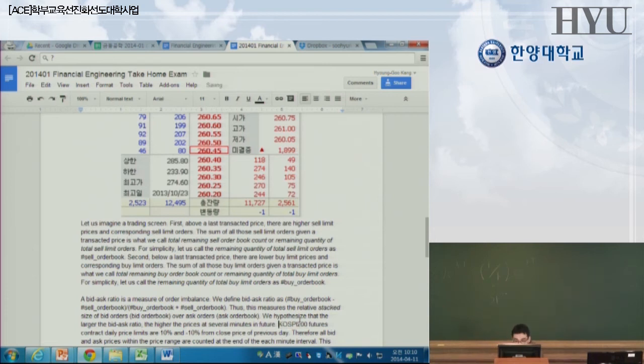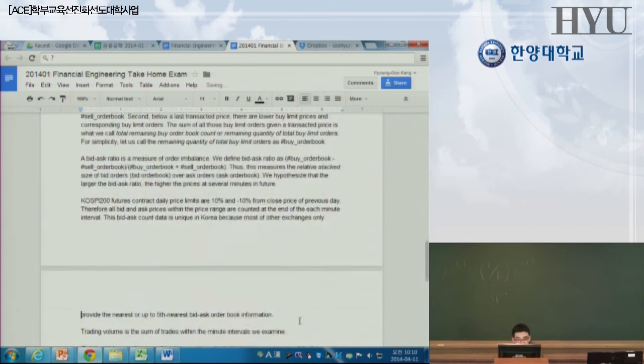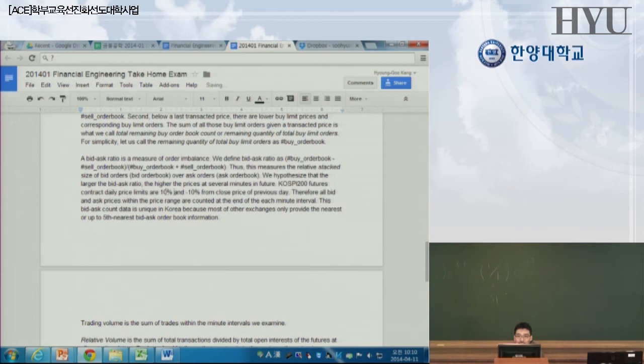And then we need institutional background. Kospi 200 futures contract daily price limits are plus or minus 10% from the close price of the previous day. Therefore, all bid and ask prices within the price range are counted at the end of each minute interval.